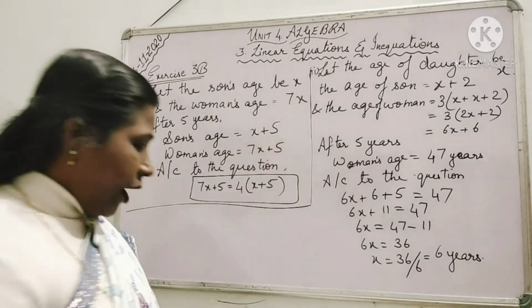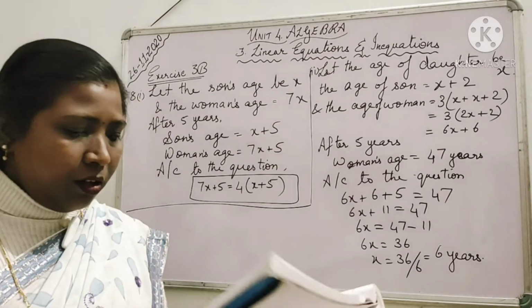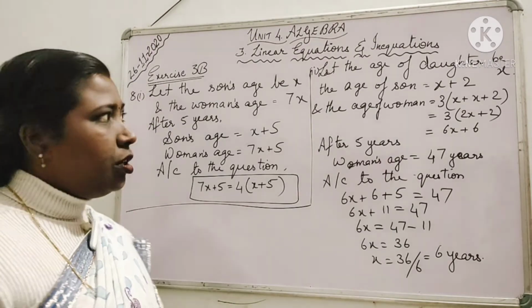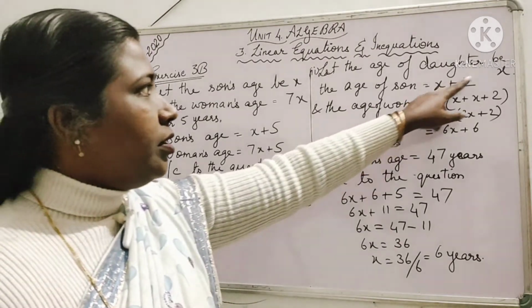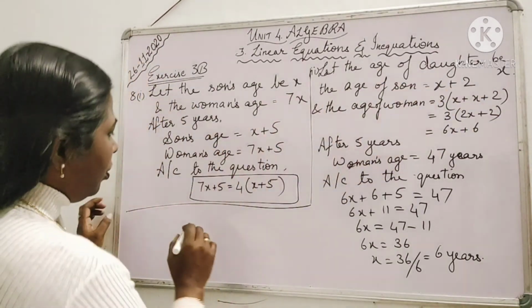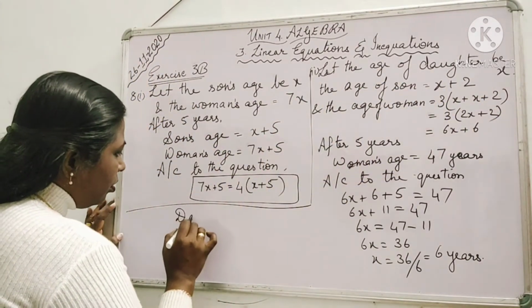Now just note down over here. We have to find the present age of the children. Daughter's age is x, and son's age is x plus 2.